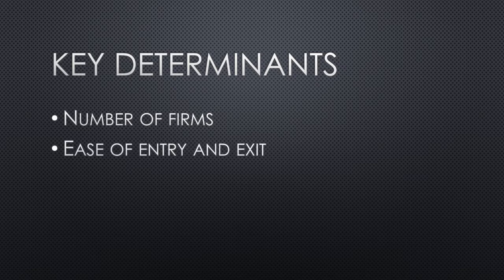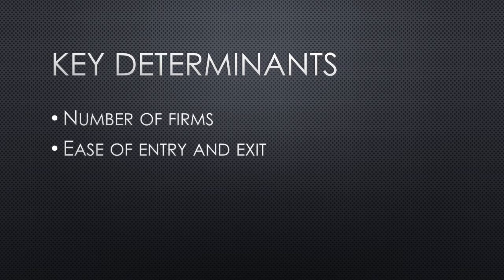The second thing is, how easy is it to get into the market? And how hard is it to get into the market? Sometimes we refer to this as barriers to entry. Ease of entry and exit is something that distinguishes market structures almost as much as the number of firms.